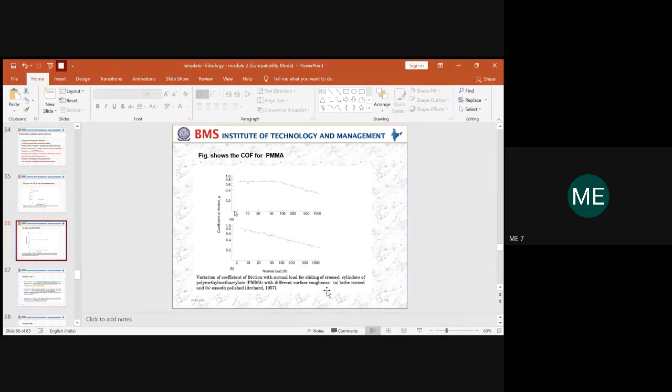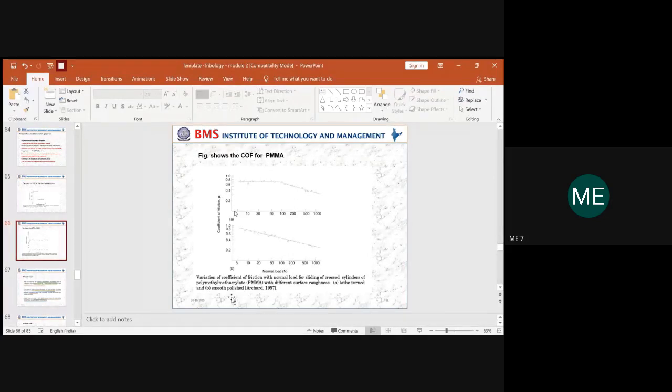Both cross cylinders have different surface roughness. So when you have different surface roughness, you will obviously have variation in the COF values. These cross cylinders are lathe turned and smooth polished. It means one cylinder has the surface generated by the lathe turning operation, and the other lathe turned cylinder has been polished.